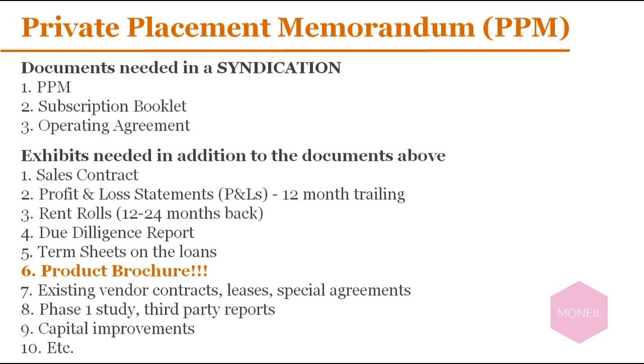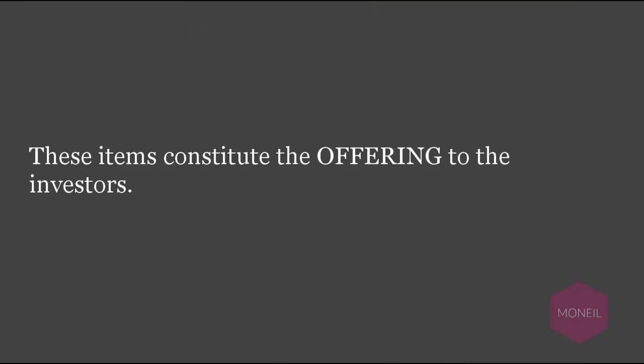And there might be some other things. As much information as we could provide to the investor. Phase 1 study, I'm just thinking third-party reports, capital improvements that they have put in there. So all those things are needed along with the big PPM, subscription booklet, and operating agreement that constitute an offering to the investors.